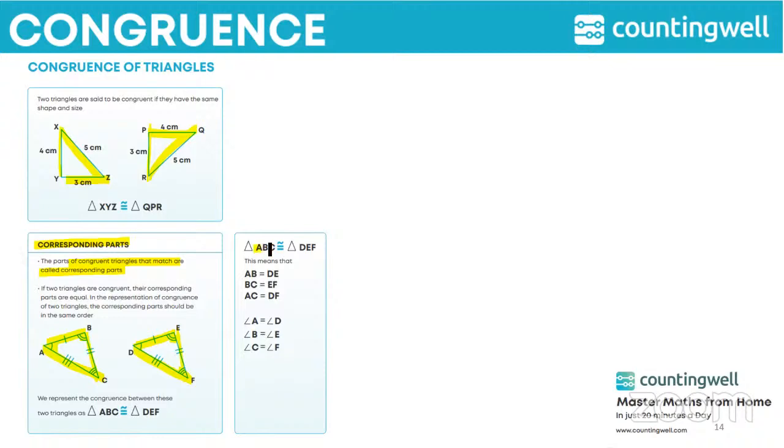So here the names of the triangles are important because this shows the corresponding parts. It means angle A is equal to angle D, angle B is equal to angle E, and angle C is equal to angle F. Same for the sides.